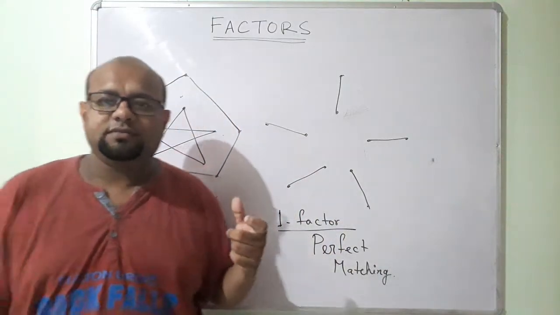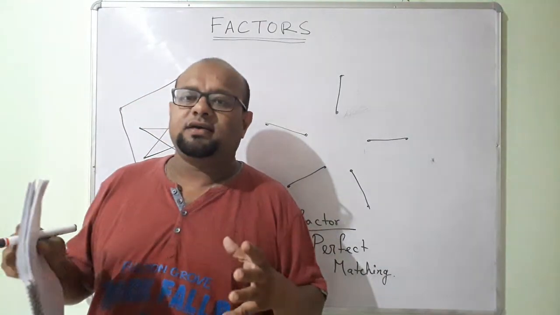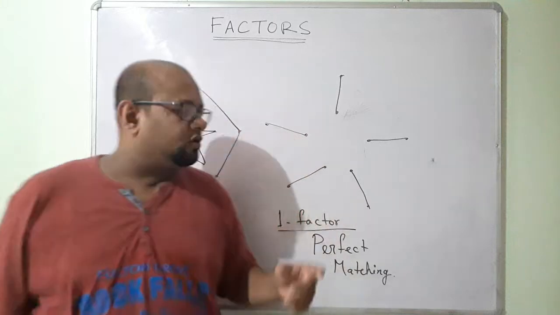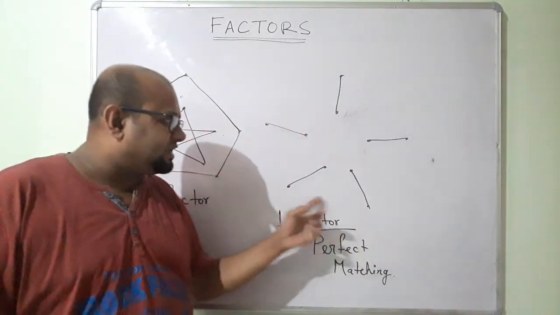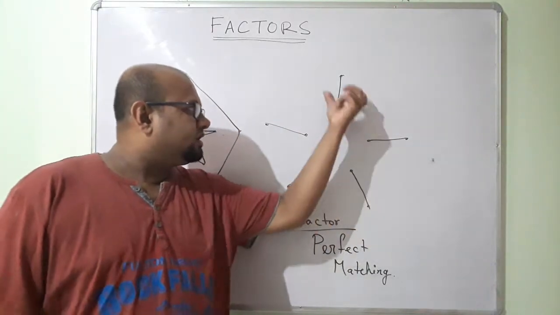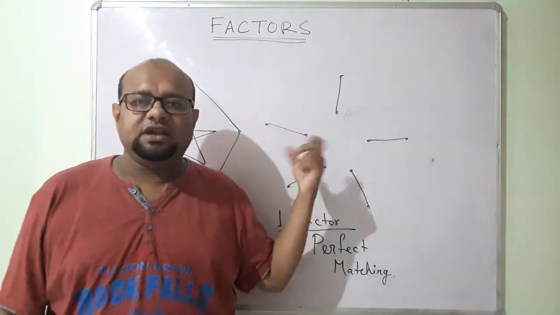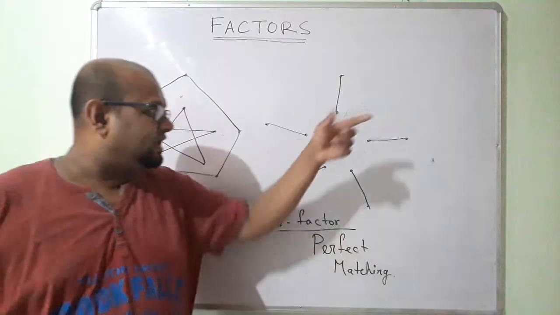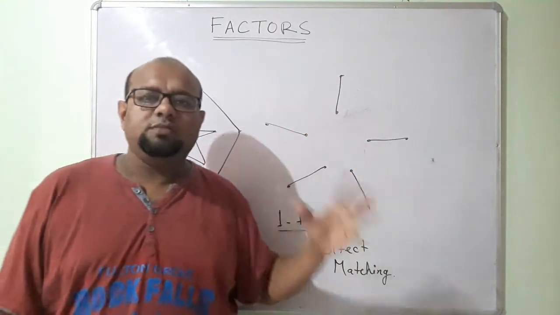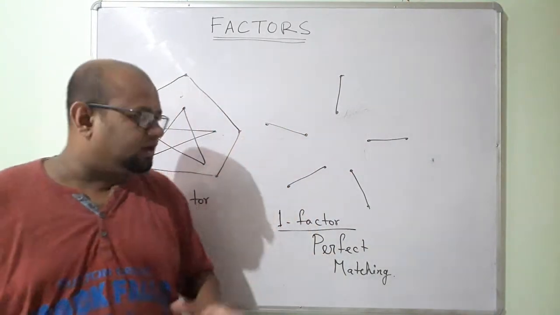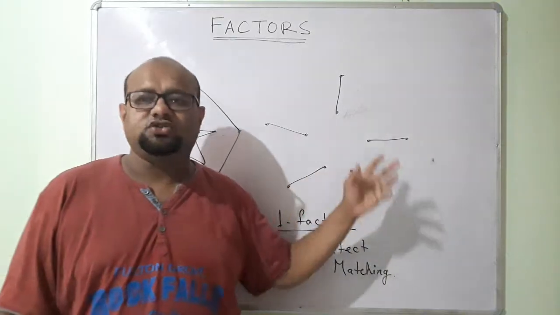That is one distinct requirement of matching. And then these edges will have two different vertices, right? So we'll saturate two different vertices and all of them together will make a perfect matching. Why is it perfect? Because all the vertices are saturated.